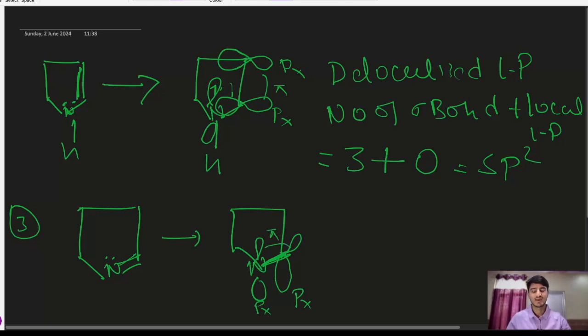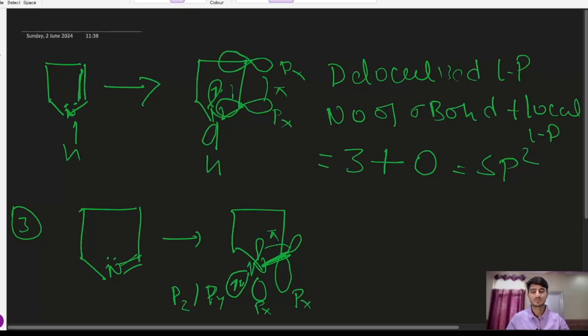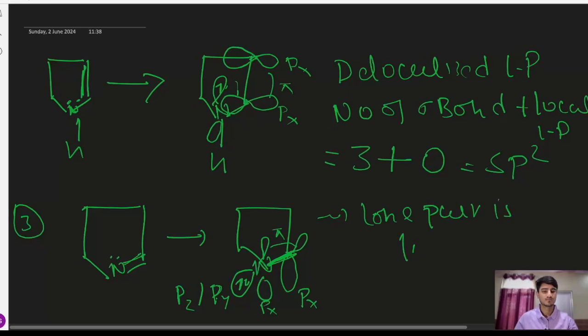If px orbital participates in forming a pi bond, the lone pair will be present either in py or in pz. So in this case, as we can see, the planes of both the p orbitals are not matched, as this is py or pz and this is px. So the planes are mismatched. So the lone pair is localized and cannot participate in resonance.